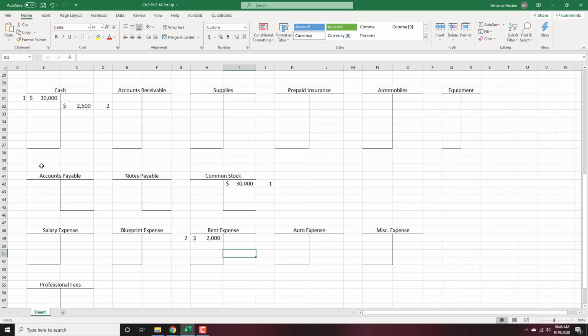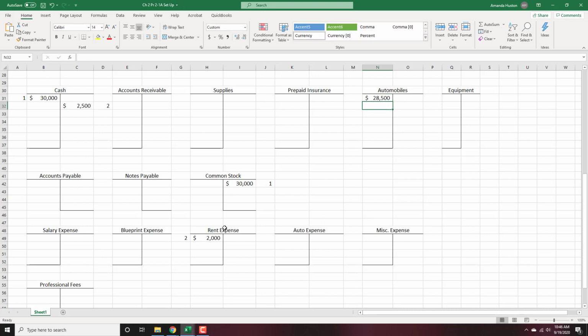All right. Now, we purchased an automobile for $28,500, paying $6,000 in cash, and the rest is a notes payable. Let's start with the positive side. Automobiles are assets, so we're going to increase assets by $28,500 here.